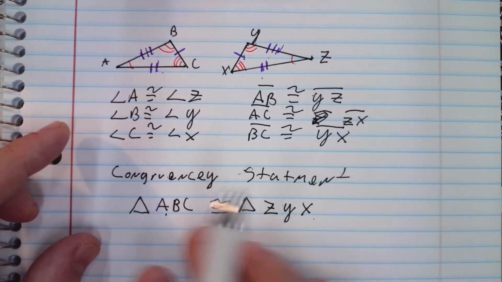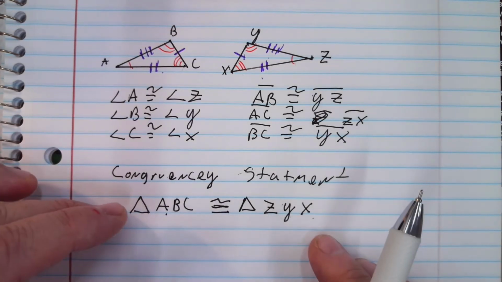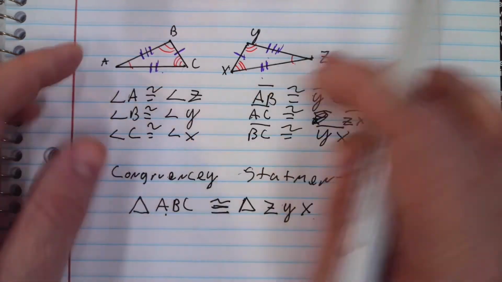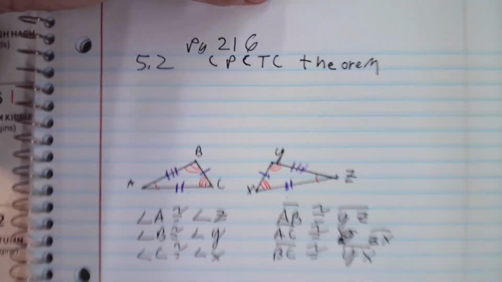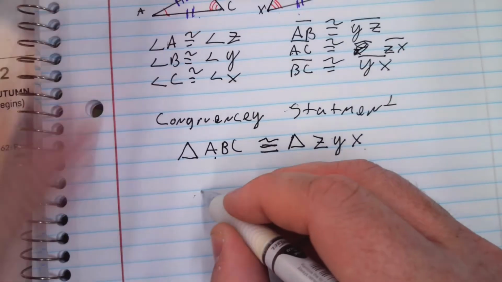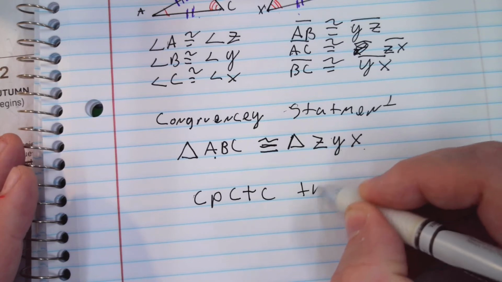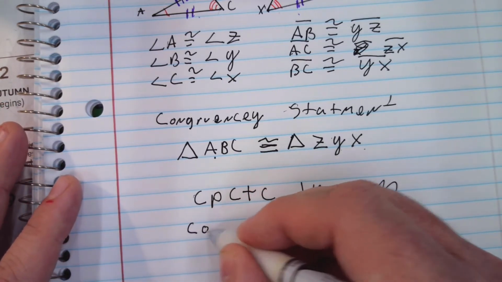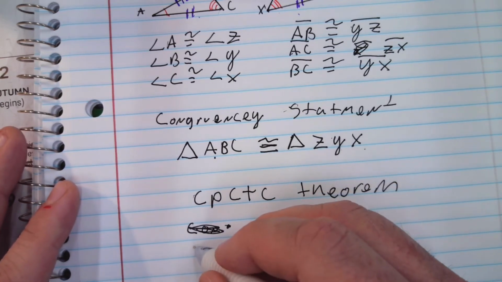Okay, so we're going to use this in several chapters where we will get a congruency statement and it will mean certain things. So if they give us a statement, it does mean that these triangles are congruent, and it means all the parts are congruent, and that brings me to the CPCTC theorem. So what this stands for, this theorem right here, I'm going to write it again. Congruent. See, I messed it up already.